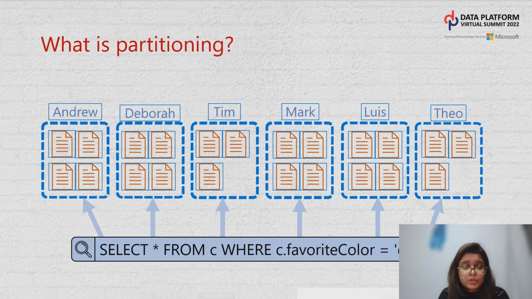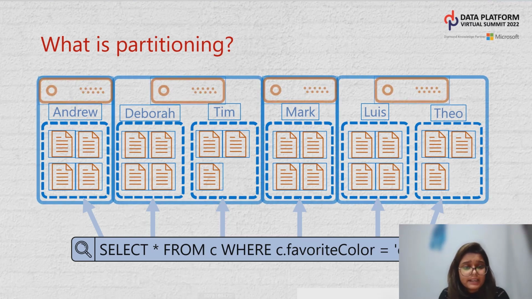So it has to actually touch all the logical partitions and in turn all the physical partitions, which leads to a significant amount of compute as well as network resources, and in turn it's a costly query. So it is always advisable to choose your partition key in such a manner that your queries are always touching one physical and one logical partition.